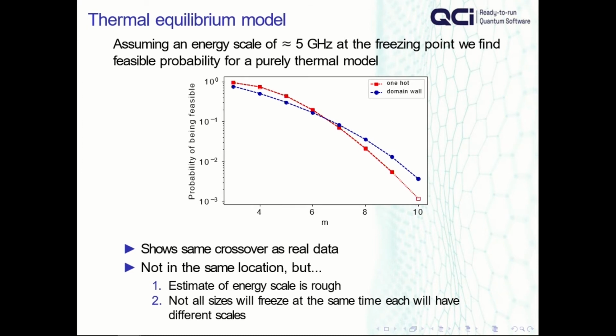So if you're thinking in terms of entropy, you're going to have a larger space. There are more things that can go wrong in the one-hot encoding, and the difference grows exponentially as you add qubits. Every time you add a qubit, the one-hot space becomes twice as big relative to the domain wall.